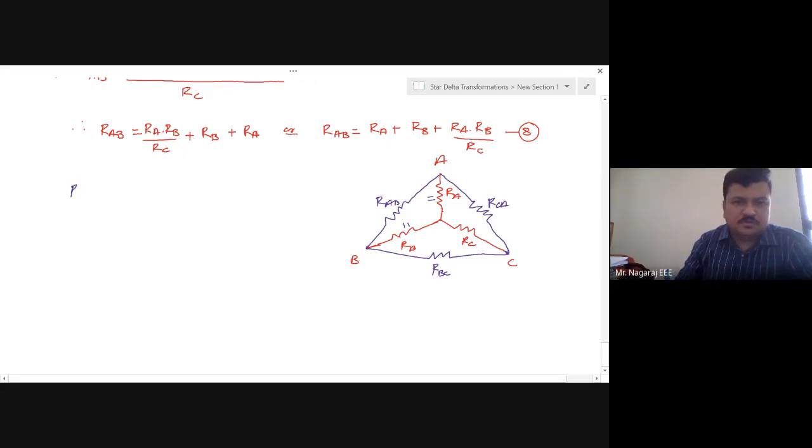So similarly, RAB is equals to RA plus RB plus RA into RB divided by RC. This is equation 8. Now, similarly, what will be RBC and RCA?